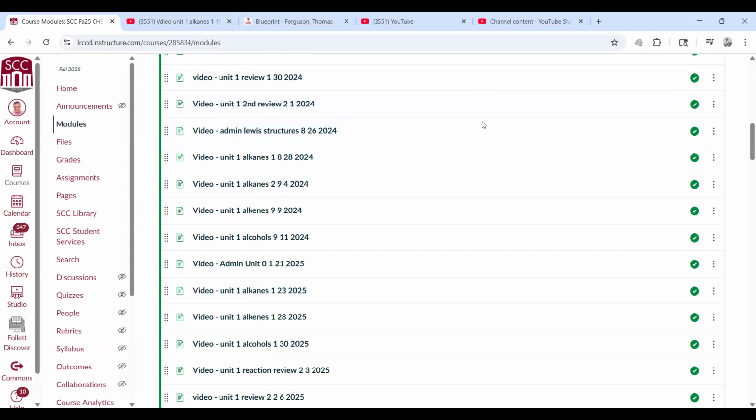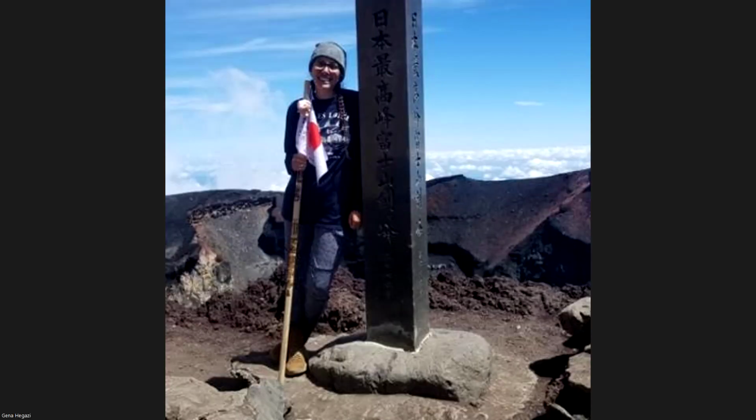Back to Japan, I actually know that I'm going to be out of town. I don't have the syllabus on me, but I did take a picture. Nice job on Mount Fuji, by the way. That's on my list next. Oh, it's really easy. Don't let anyone tell you that it's hard because I had a bunch of Marines crying to me like it's so hard, having to crawl on my hands and knees.